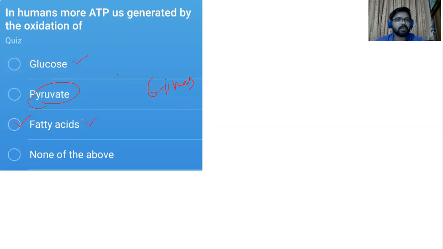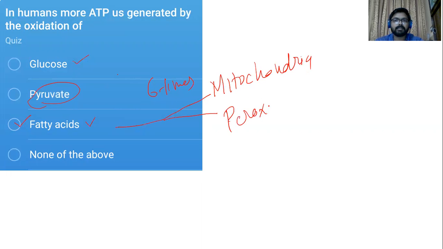Pyruvate, glucose, and fatty acids all generate ATP, but in humans more ATP is generated by the oxidation of fatty acids. Oxidation of fatty acids occurs in the mitochondria and also in peroxisomes. But the oxidation of fatty acids in peroxisomes does not produce ATP. It only produces heat.